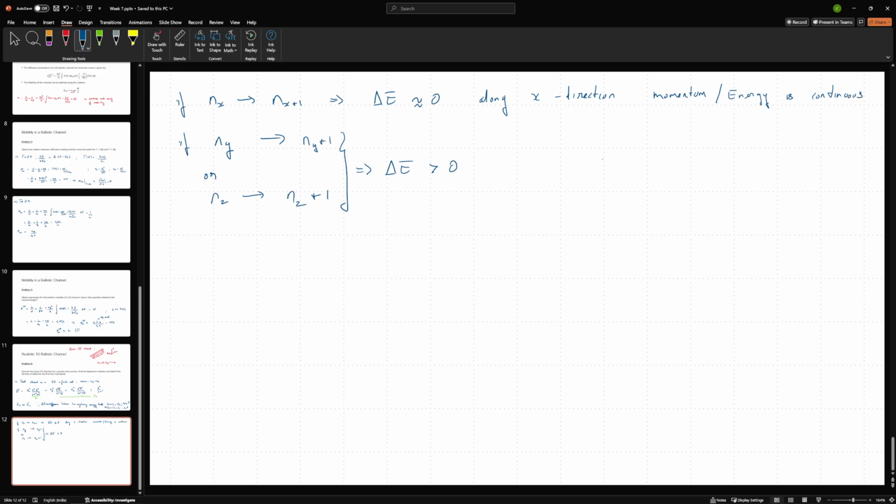And here, along the y, z directions, momentum, energy is quantized.